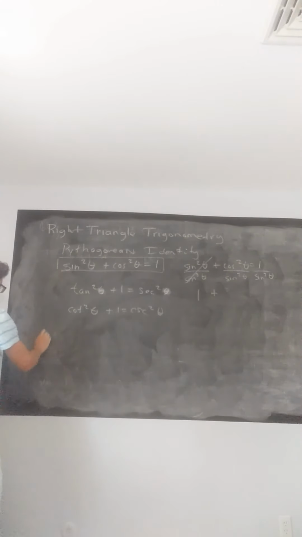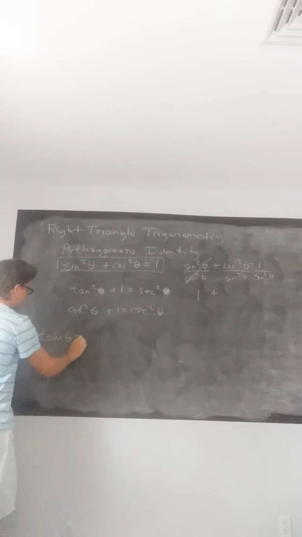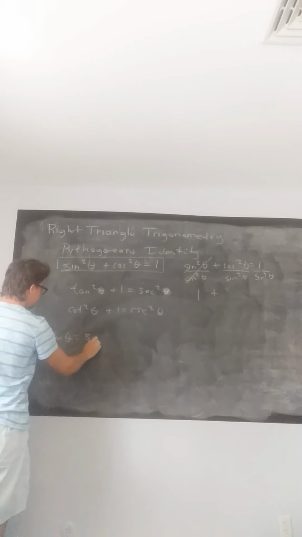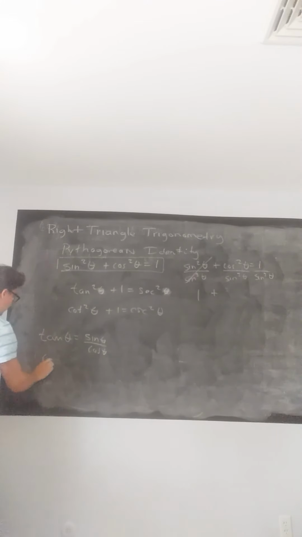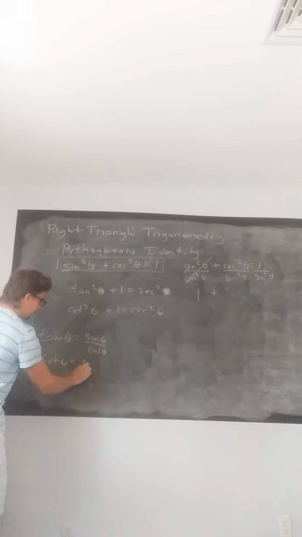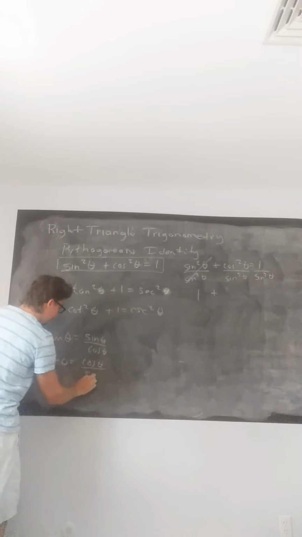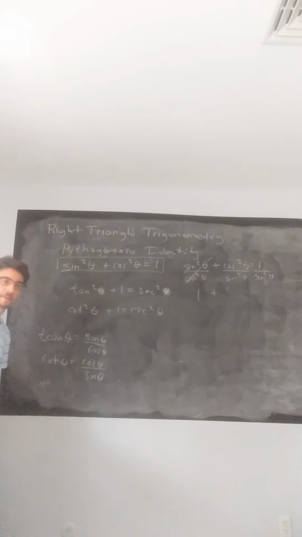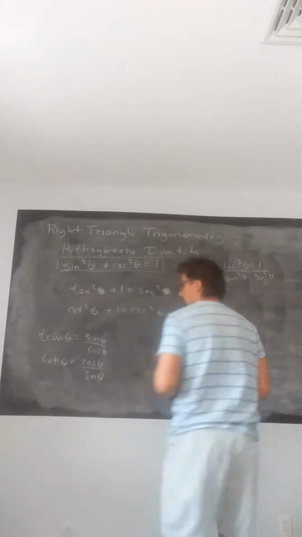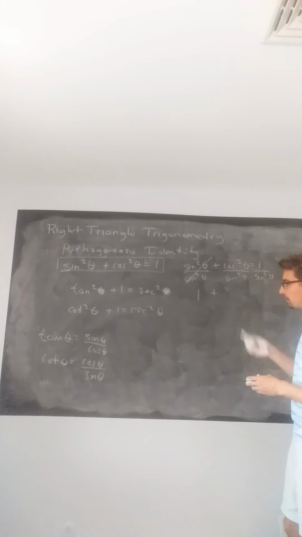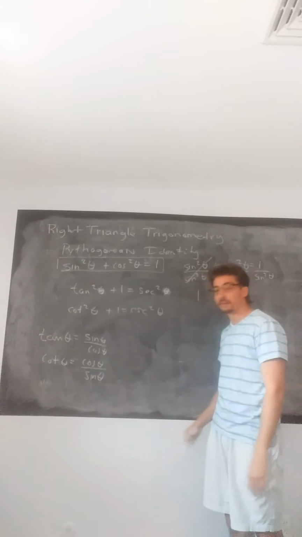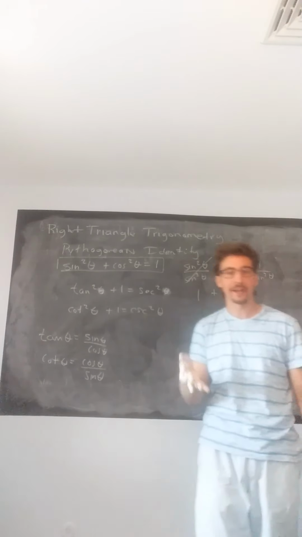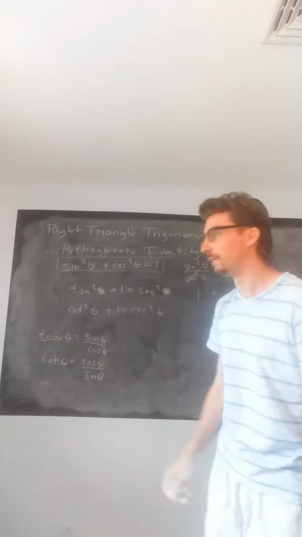Now, tangent of theta can be written as sine over cosine. And cotangent would be its reciprocal, right? So that would be cosine theta over sine theta. So it's all about manipulation, right? Because technically that's where tangent really comes from. Tangent comes from taking the ratio of sine and dividing it by cosine. I just didn't show you that in the beginning because I didn't want to bore you with the details.